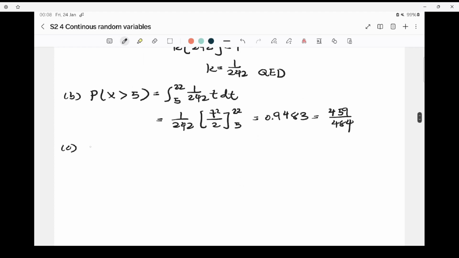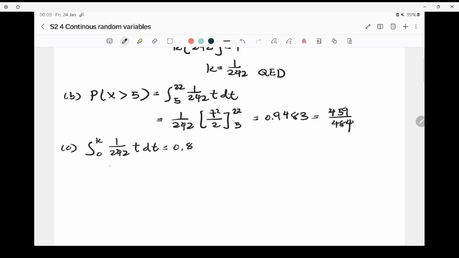So then what you can do is start integrating from 0 to k. So this will be 1/242 times t dt, and this has to be 0.8. So if you manage to show that your k is less than 20 minutes, then you're done.